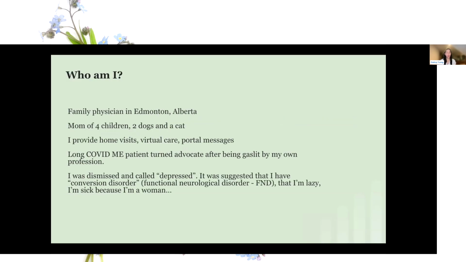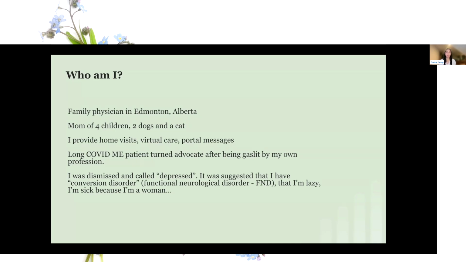A little bit of background just for where I'm coming from. I'm also a parent of 4 pretty small kids and 2 dogs and a cat. As part of my family medicine practice, I have a full scope clinic. I also provide home visits, virtual care, and portal messages for appointments to try and improve access to family medicine care.